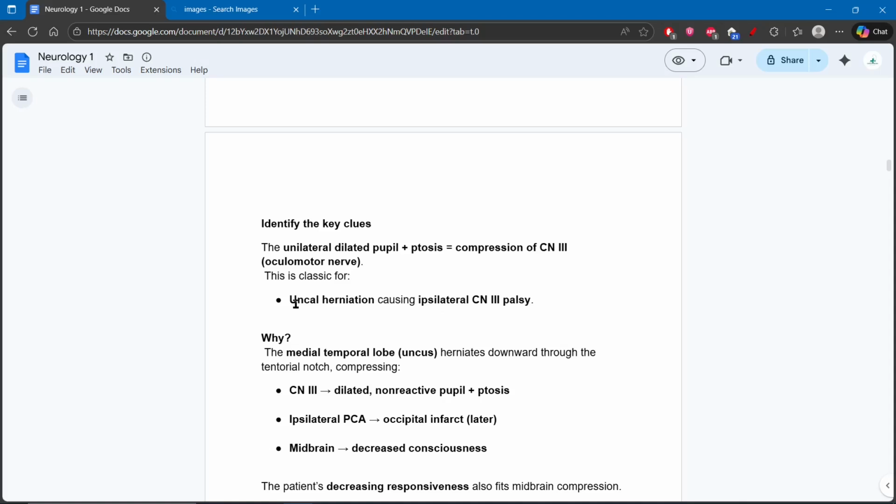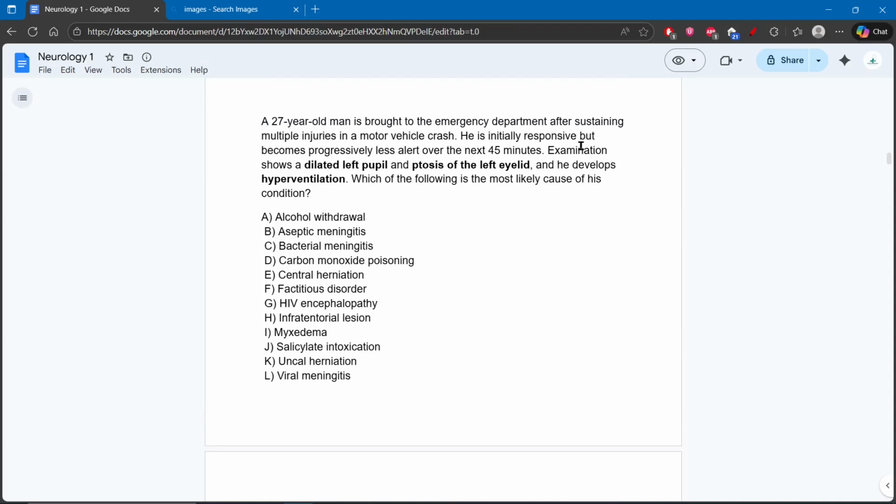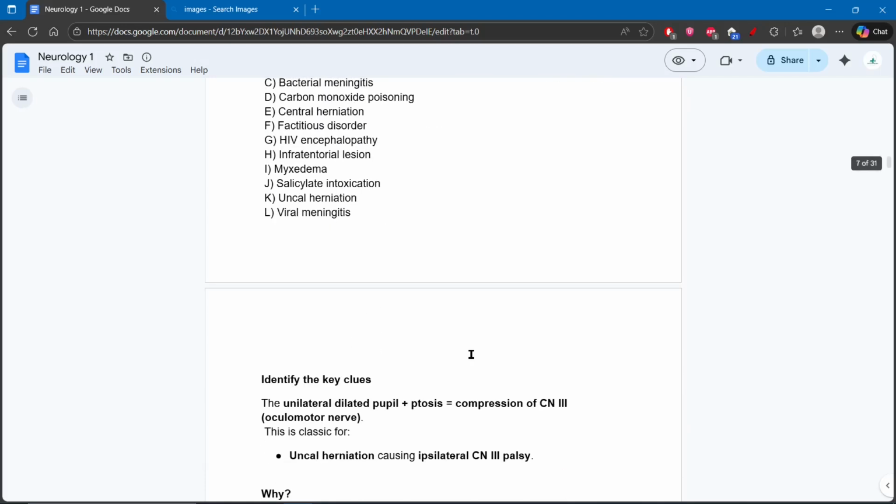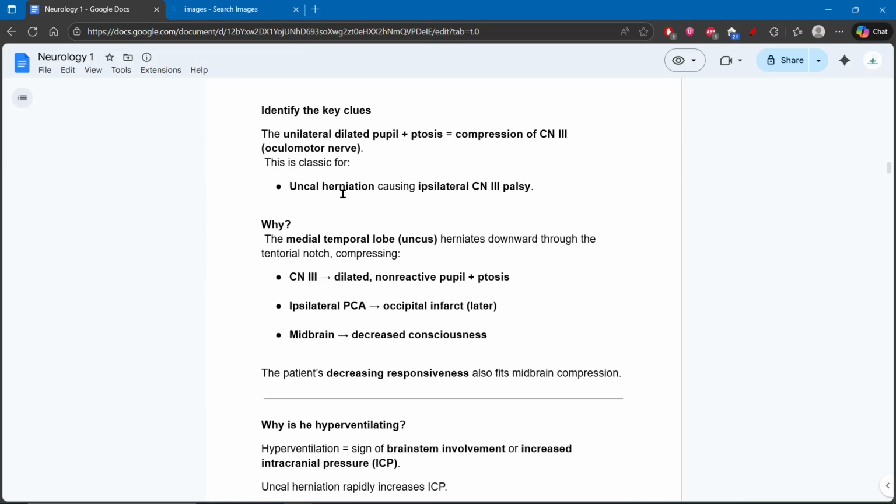So, uncal herniation is causing the ipsilateral cranial nerve palsy. If you read the question, it says that he has sustained multiple injuries in the motor vehicle crash, right? And they're saying that he has a dilated left pupil and ptosis of the left eyelid. So there is a history of trauma. That is why we can go towards the uncal herniation part.